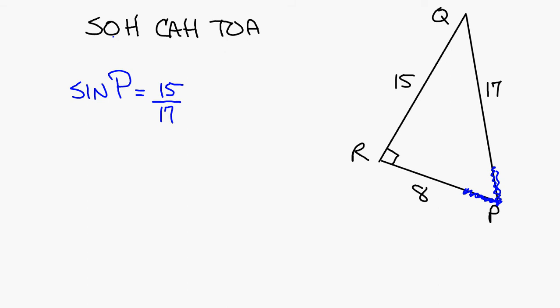Your cosine of angle P. Cosine is equal to adjacent over hypotenuse. The adjacent side to angle P is the side that's next to it that's not the hypotenuse. So adjacent is 8, hypotenuse is still 17.